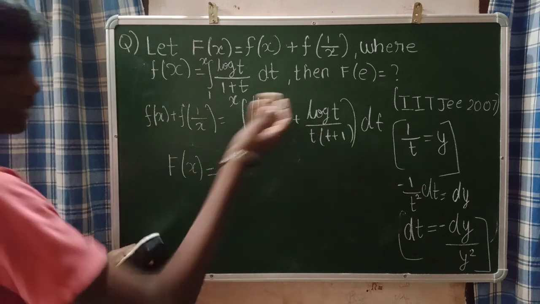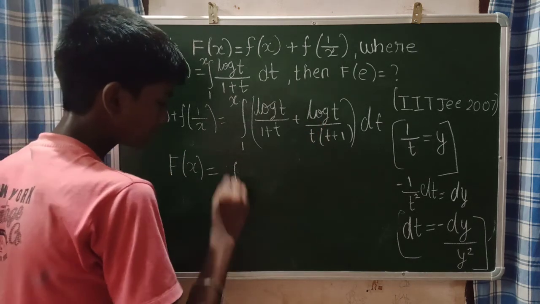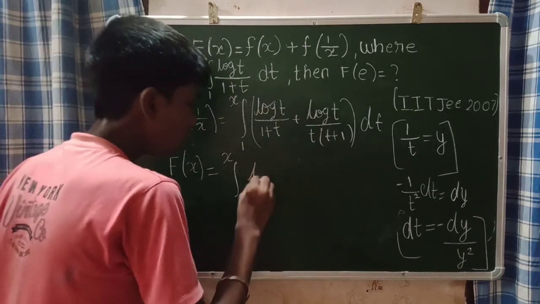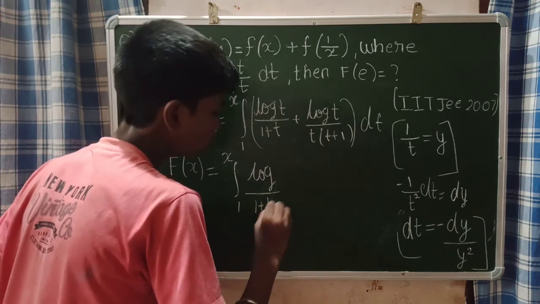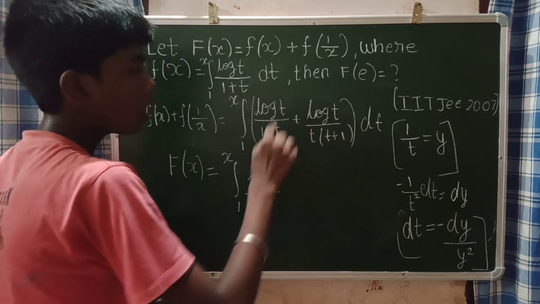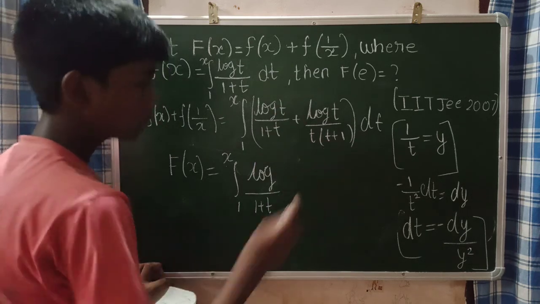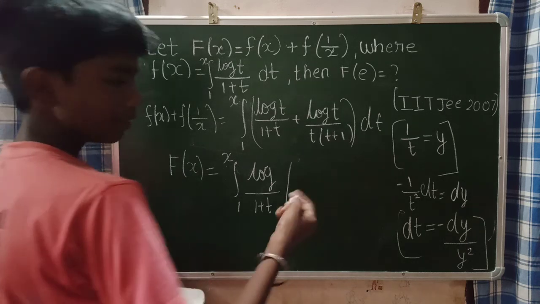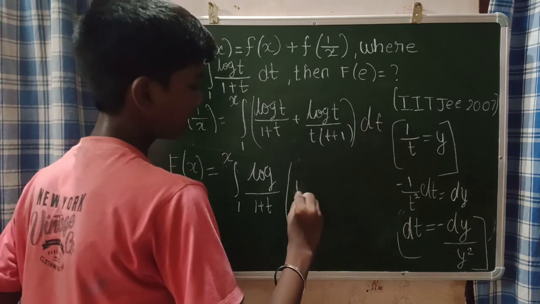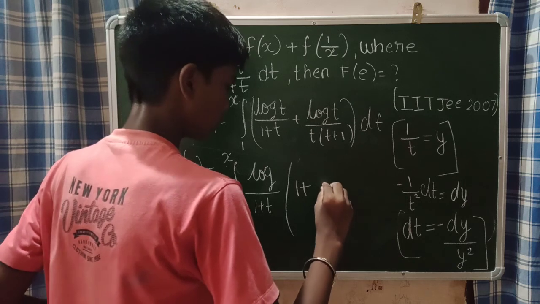So in this integral, from 1 to x, take log t divided by 1 plus t common, because for these two terms, log t divided by 1 plus t is common. When I take it common, I will get the inside expression as 1 plus 1 by t.